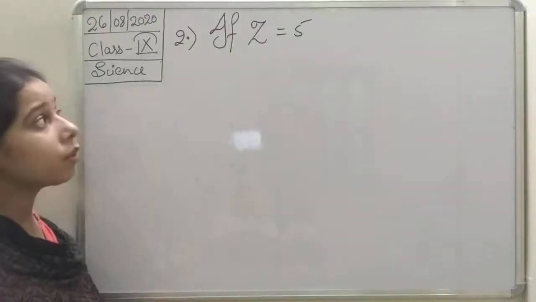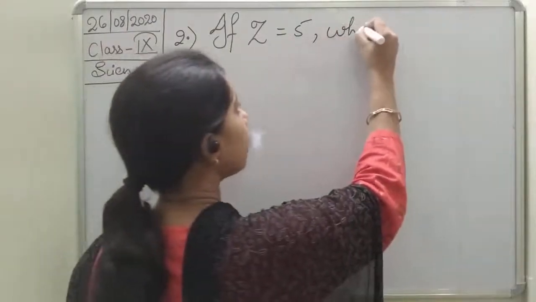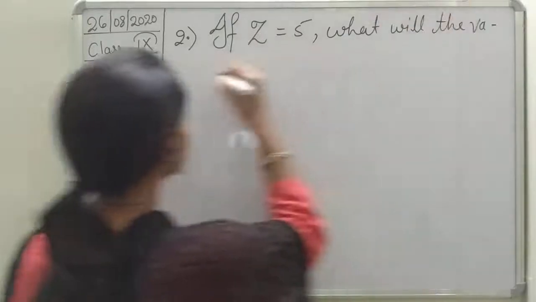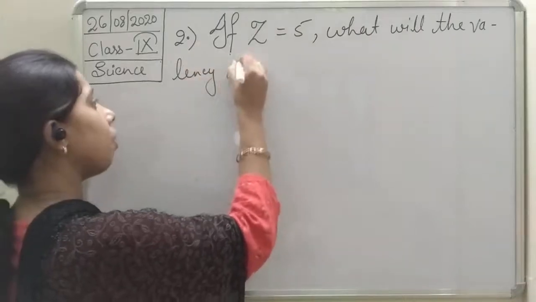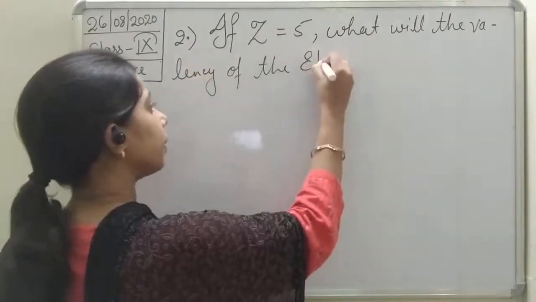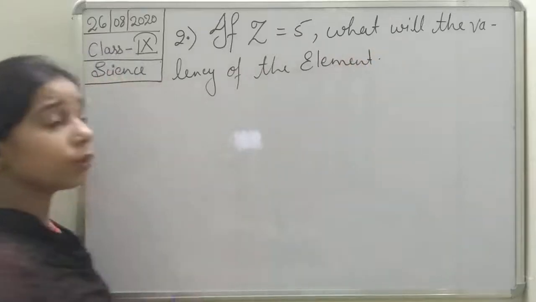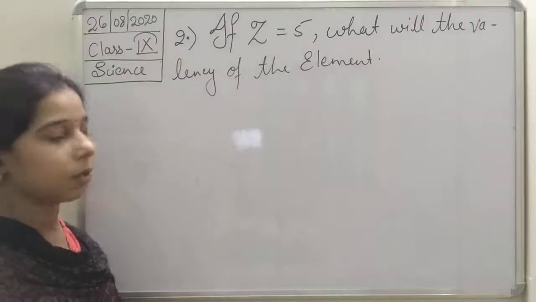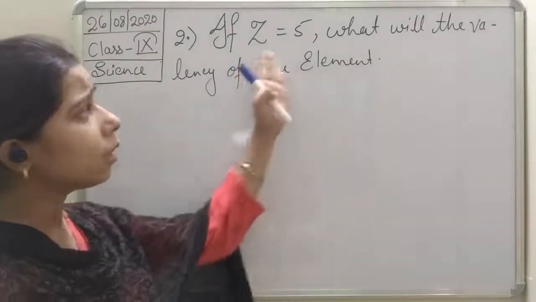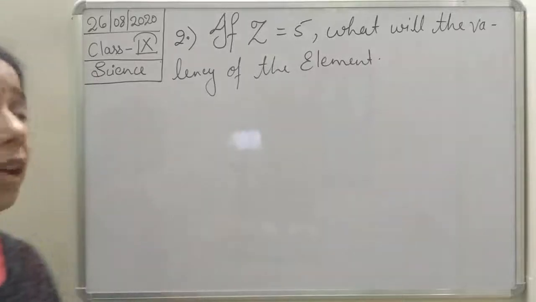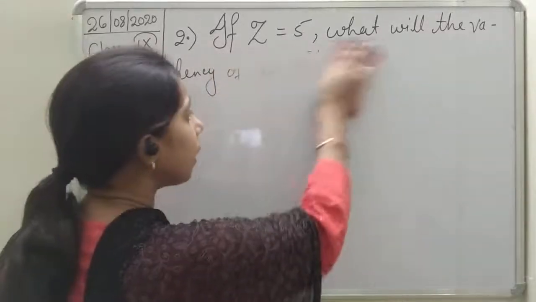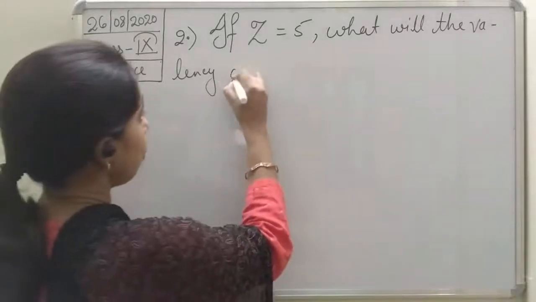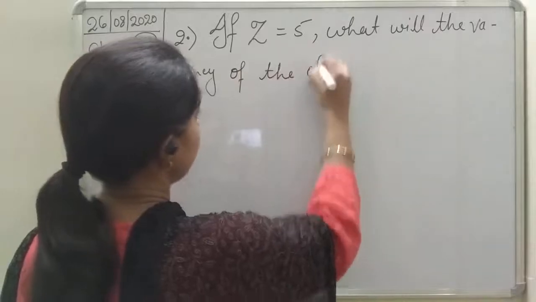Okay, so if Z is equal to 5, what will be the valency of the element? Now you see here, students, here the name of the element is not mentioned, but the atomic number is mentioned. So instead of Z equal to 5, it can be Z equal to 10, or Z equal to 12, or Z equal to 8, doesn't matter.